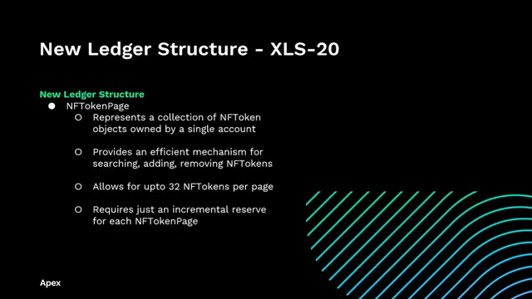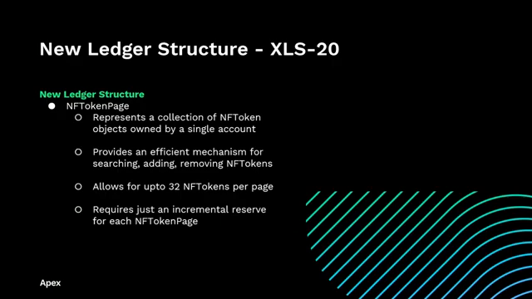All right, other than the two objects, we also introduce a new ledger structure, and it's called NFTokenPage, which is basically a collection of NFToken objects. So each NFToken represents a single NFT, whereas NFTokenPage is a collection of all these tokens associated with a single account.